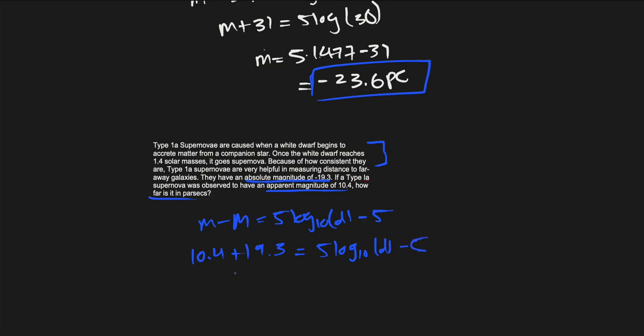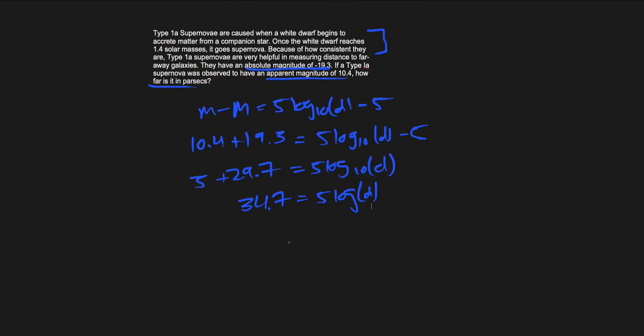So 10.4 plus 19.3 is going to be equal to 29.7, and that's equal to, let's just add the 5 here, 5 log 10 of d. So this is going to be equal to 34.7, and that's 5 log d.